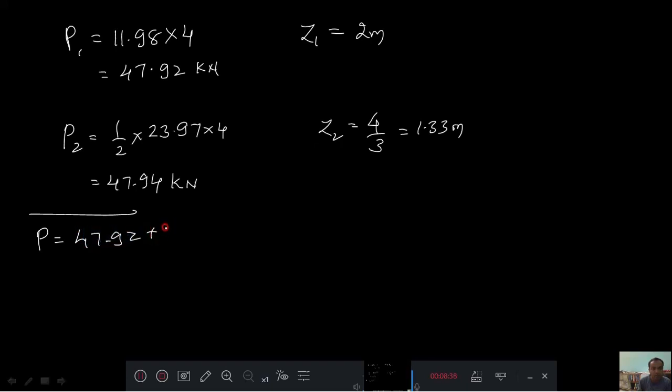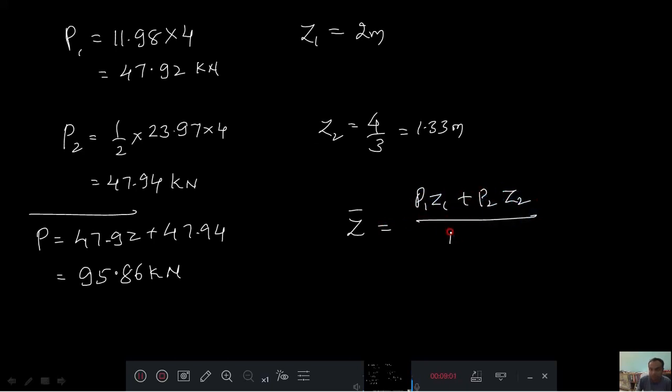Now the total force P will be equal to 47.92 plus 47.94. Wow, we get somewhat equal. That gives 95.86 kilonewton, and Z bar will be equal to P1 Z1 plus P2 Z2 divided by P1 plus P2. I will not substitute, I will just calculate and put the answer.